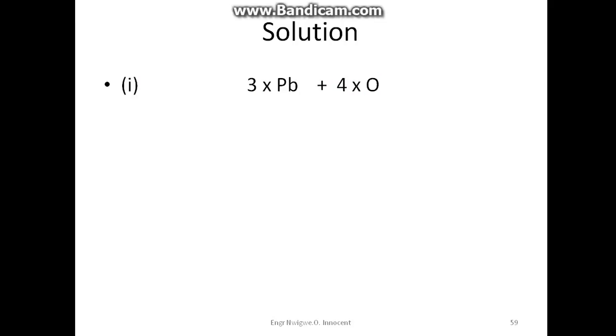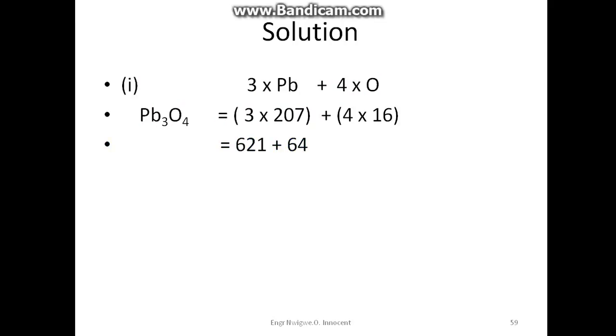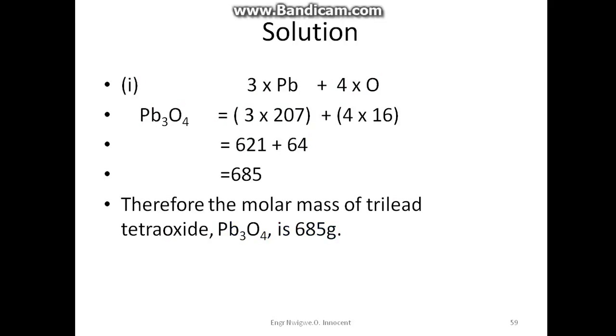Then multiplying by the molar mass of each element that makes up the compound, we have 3 times 207 plus 4 times 16. Then what we're going to have is 621 plus 64, which will give us 685. Therefore, the molar mass of trilead tetraoxide is 685 grams.